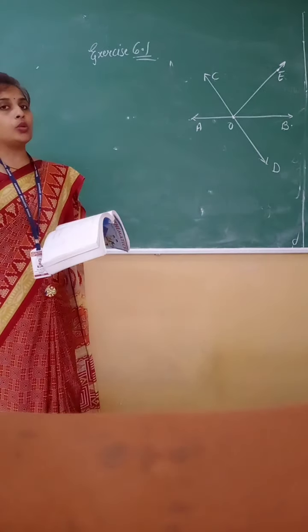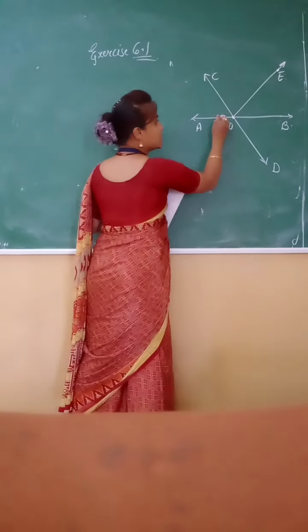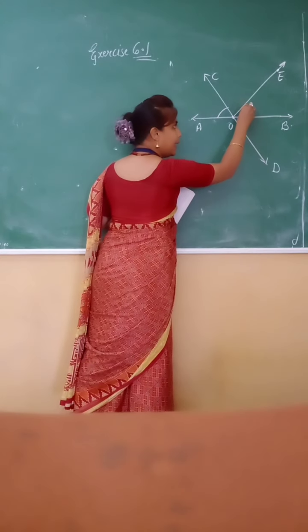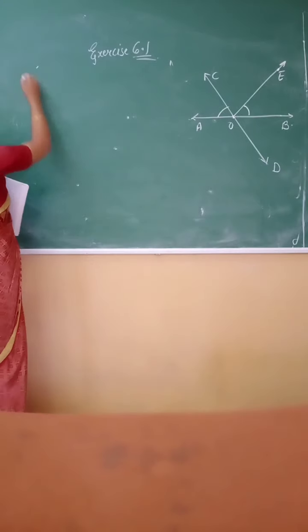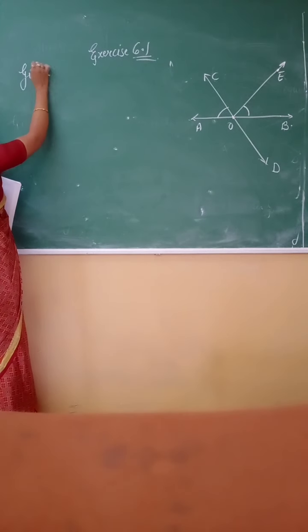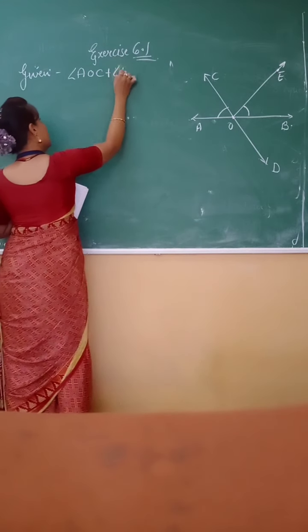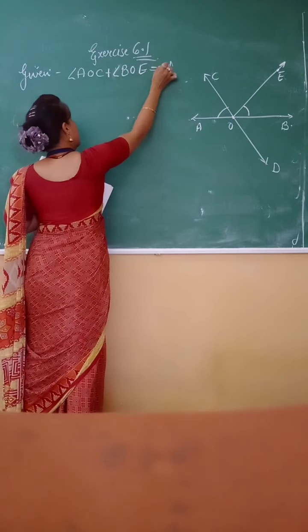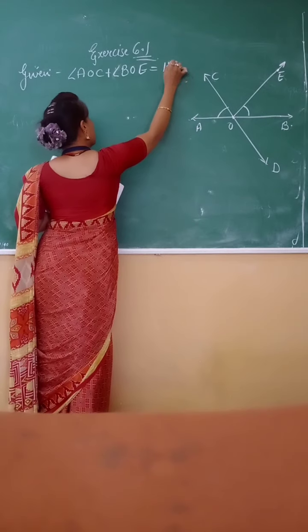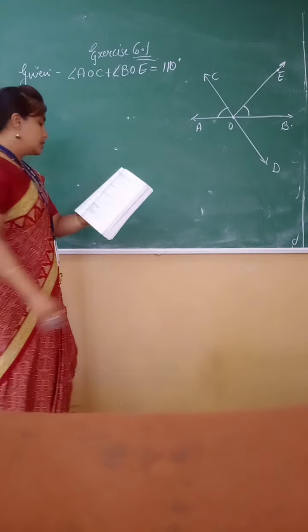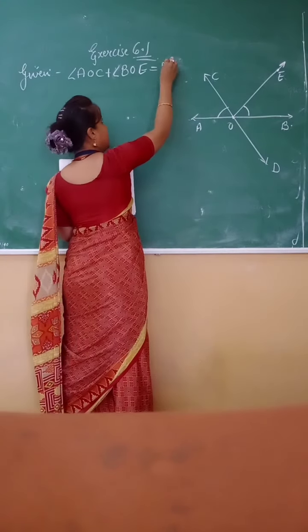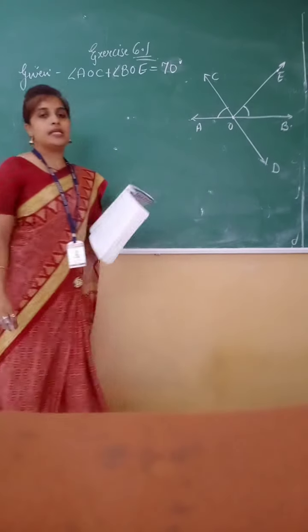What is given to us? Given here is angle AOC plus angle BOE is equal to 70 degree. Sorry, it's not 110, it is 70 degree.